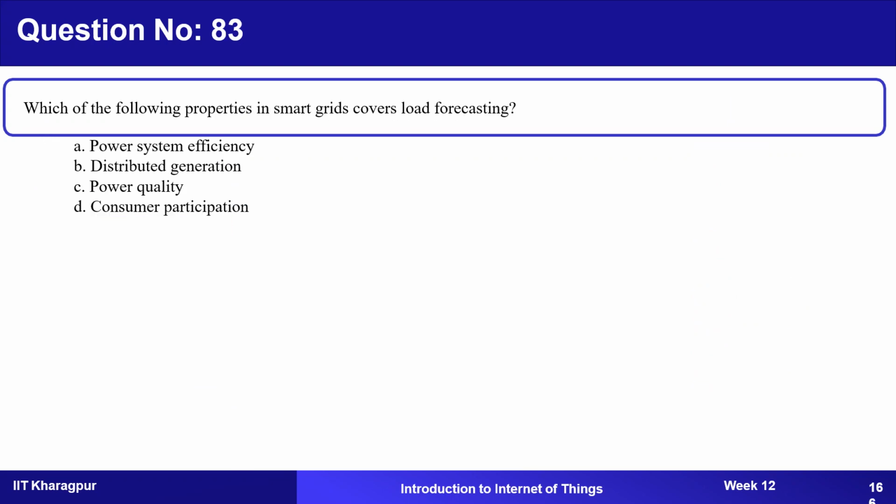Next question is, which of the following properties in smart grid covers load forecasting? Options are A power system efficiency, B is distributed generation, C is power quality, D is consumer participation. Anyone? Power system efficiency.